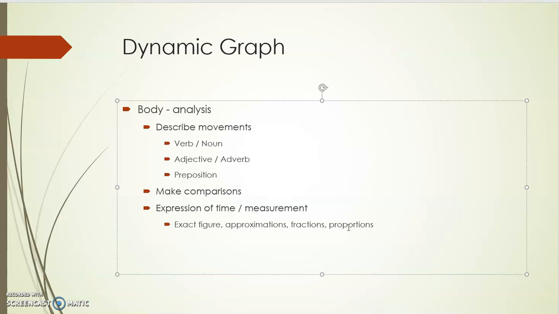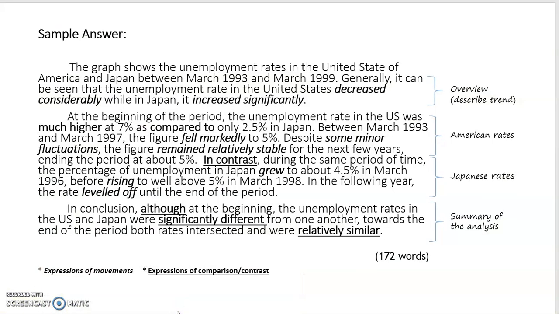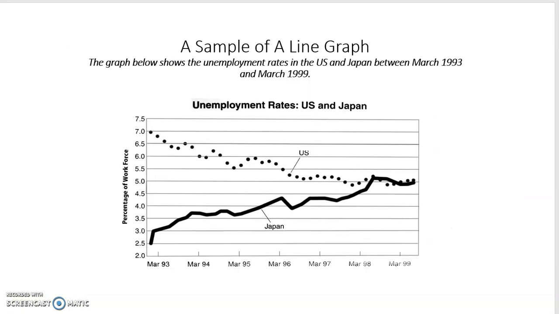Okay, so let's look at an example of the body part of the essay from our previous session. Okay, so just to remind you what this graph is about. This is a graph about the unemployment rates in US and Japan. So just remember how the graph looks like.